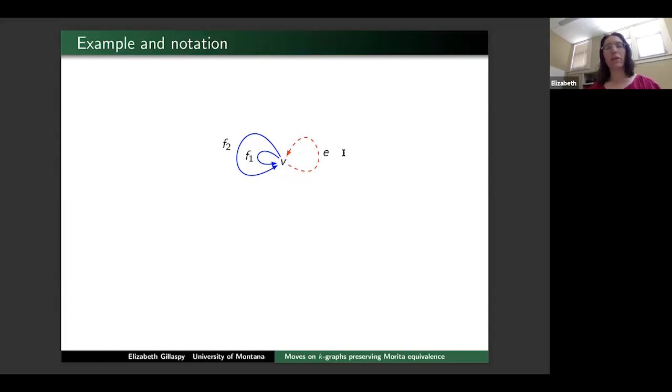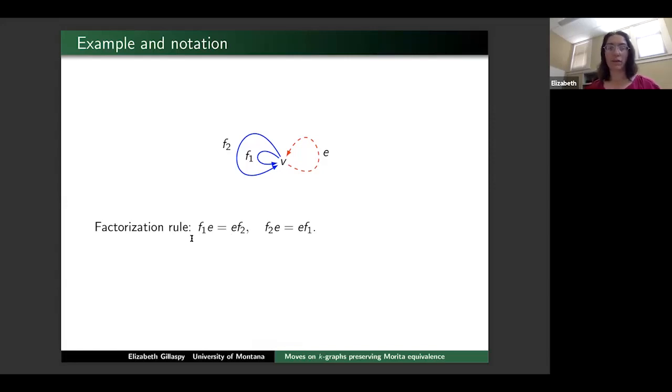So here we've got one vertex, two blue edges, F1 and F2, and a red edge, E. In order to make this into a K-graph, I have to specify for each red-blue path, for example EF1, that it has to match up with a blue-red path. And I've got some choice there.